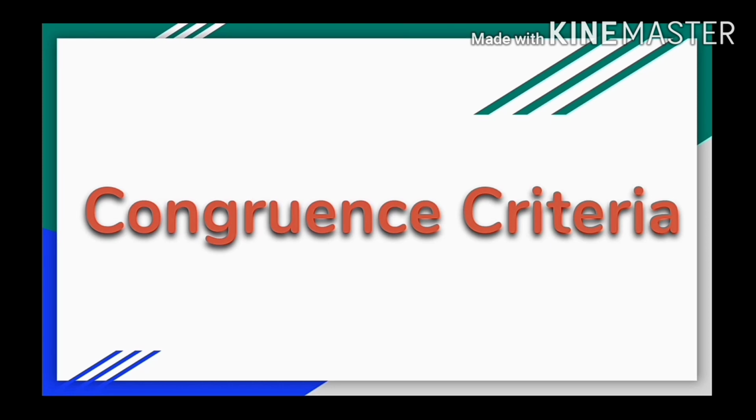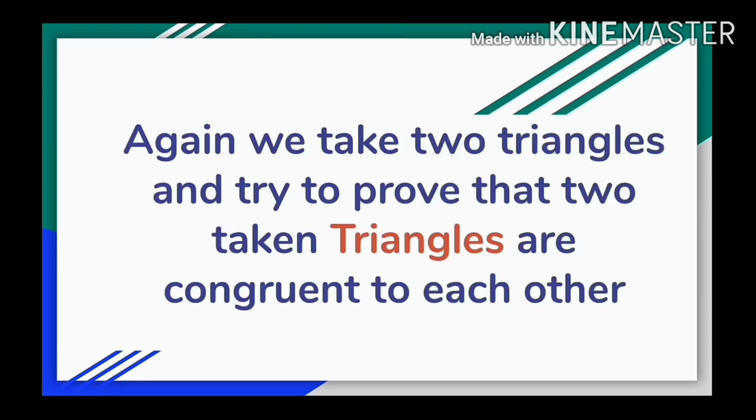So we take two triangles and let's see the definition for this. By taking two triangles, we also prove whether they are congruent to each other or not. For that we need two triangles. Now I took two triangles.